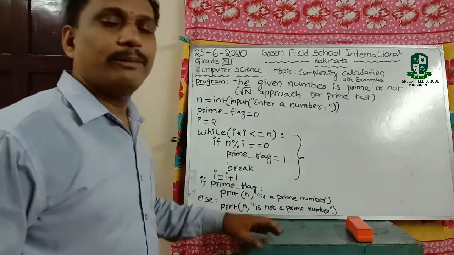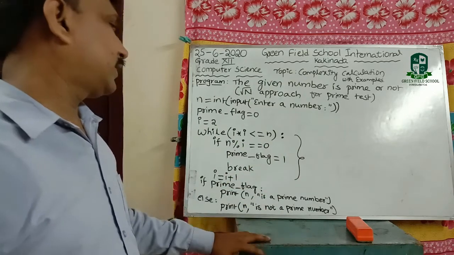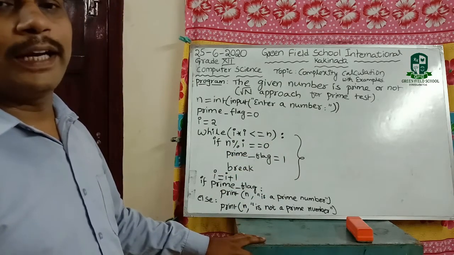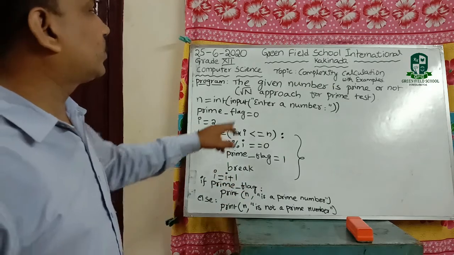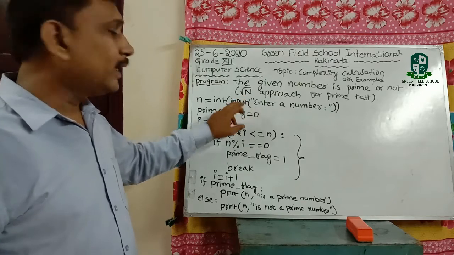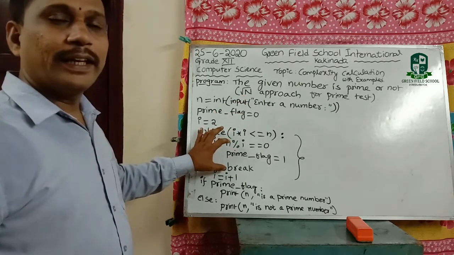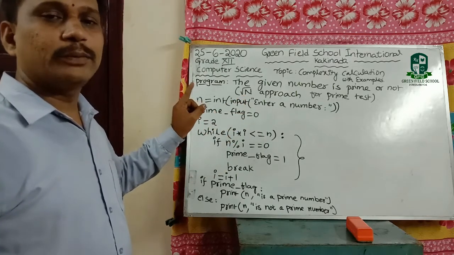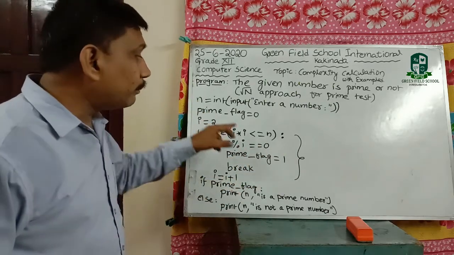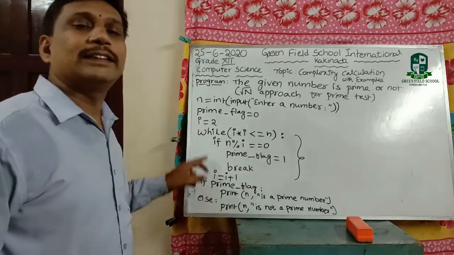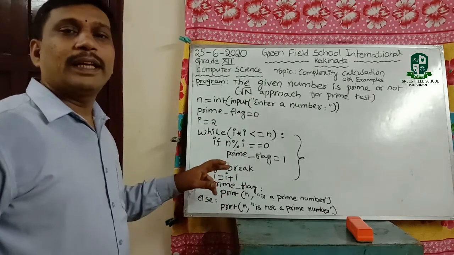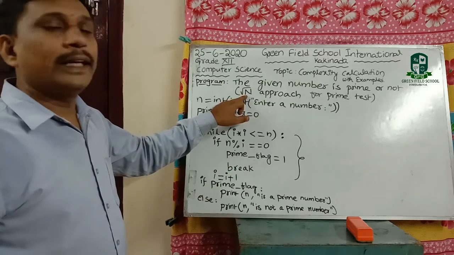But in today's class we discuss the same program with a different technique, the root n approach. In the previous program the loop repeated n times, but here the number of loop iterations is decreased, because we are using root n.